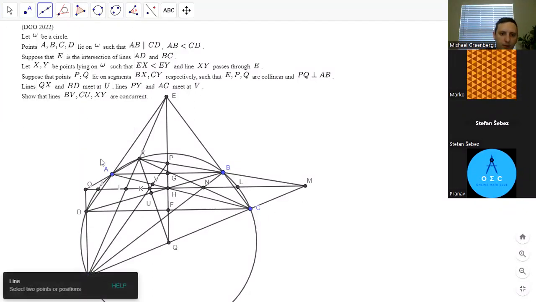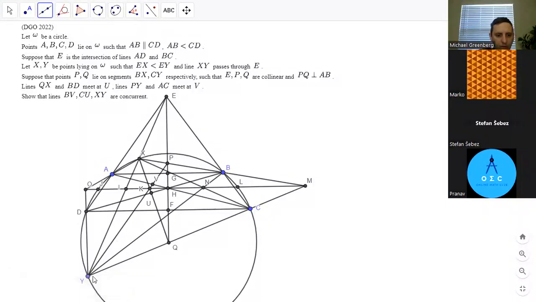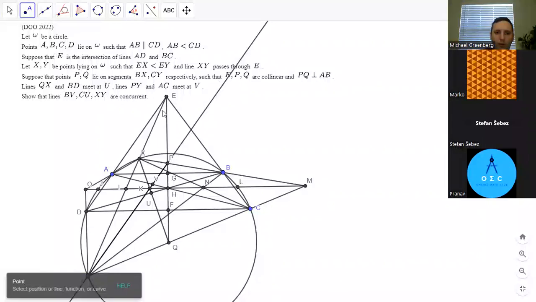Maybe what we could do is draw this, and then it's equivalent to showing Y, V, P, and this point are harmonic. That would solve the problem if we could show YVPR.